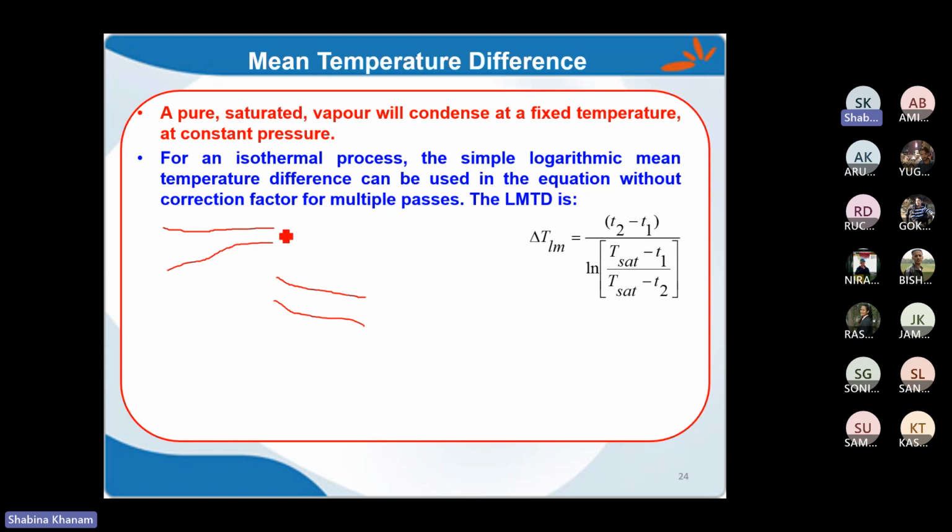If I consider this temperature as well as this temperature, in this case temperature cross will never occur because one temperature is isothermal and that too it is at a high value. Wherever I am having variation in temperatures on both sides, there I am having the possibility of temperature cross, and there I should consider the FT correction factor. So that you should keep in mind.